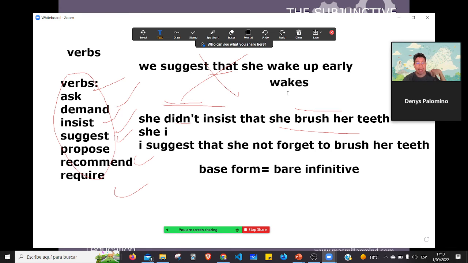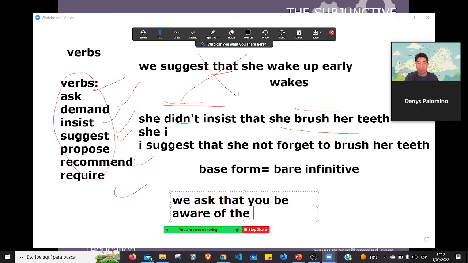¿Ok? If you use object is different. If you just, for example, you can say, we asked that you be aware of the climate change. Lo que estoy diciendo aquí es, nosotros pedimos de que tú, ok, seas.